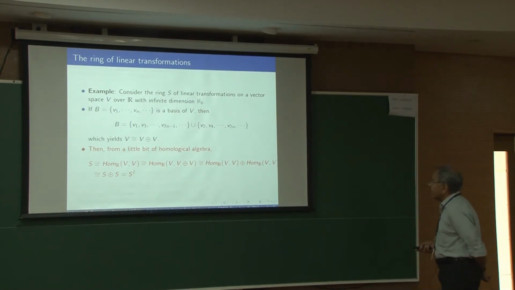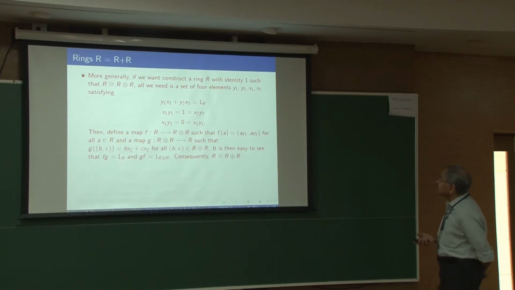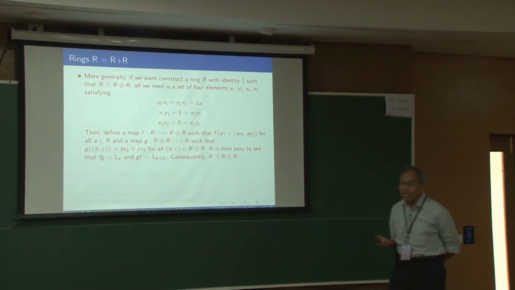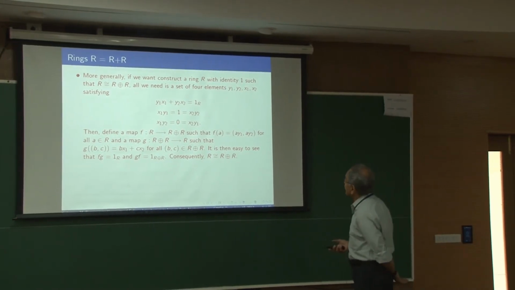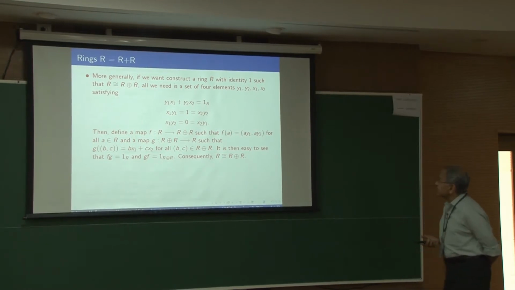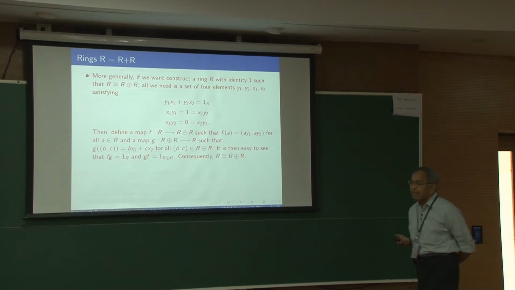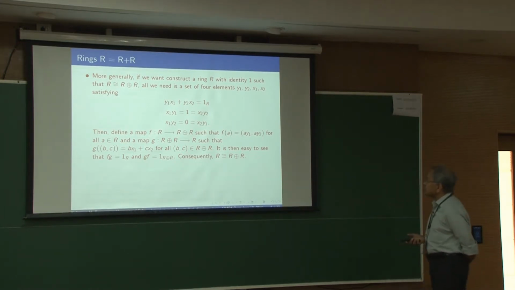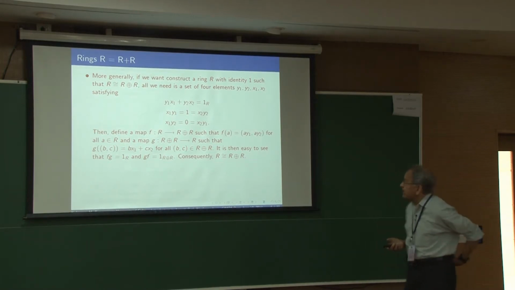Actually, this can work in general. For instance, take any ring with identity, and suppose it has four elements x1, y1, x2, y2, satisfying the condition that y1 x1 plus y2 x2 is 1, x1 y1 equals 1, x2 y2 equals 1, and x_i y_j is 0 if i is not equal to j.